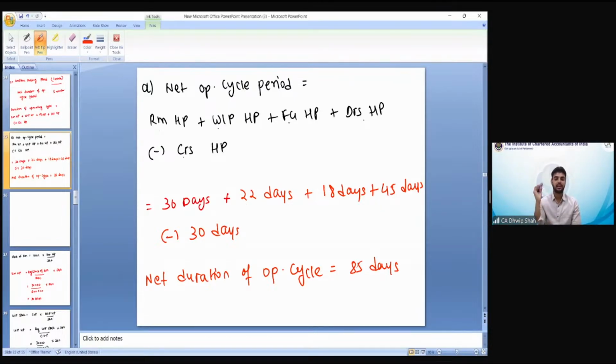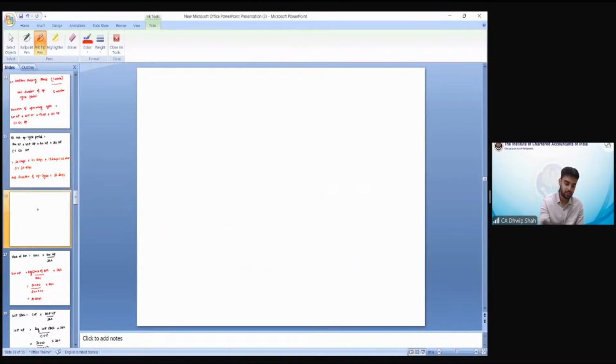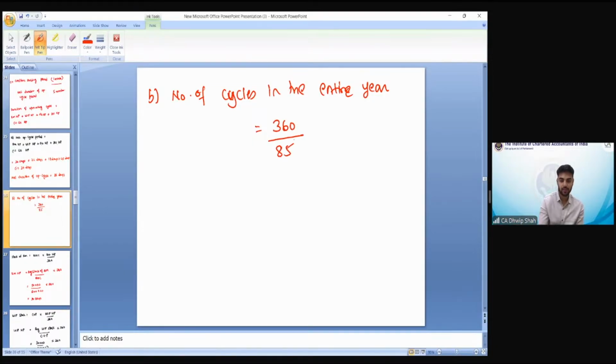And in the entire year, there are 360 days. So how many cycles would there be in the entire year? कितनी साइकिल्स ऐसी होगी? How many cycles would have occurred in the entire year of 360 days? So that is the B part: number of cycles in the entire year. Can I say it would be 360 divided by 85?